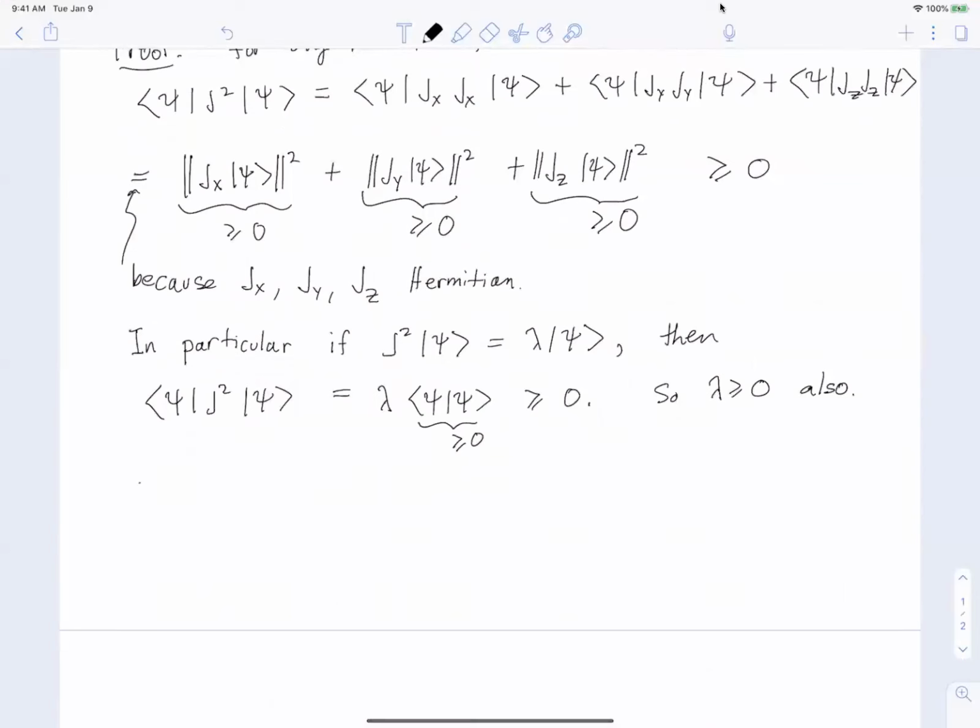And now it's convenient to make a definition. Let's define that lambda to equal h bar squared times j times j plus 1. Okay, so this is really defining what j is.